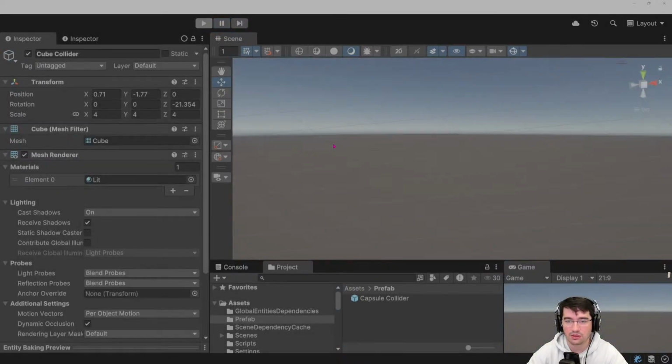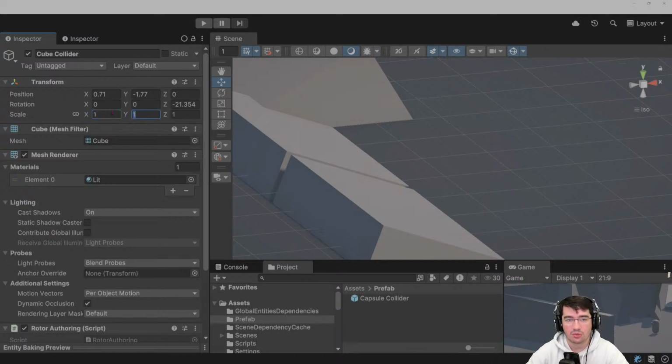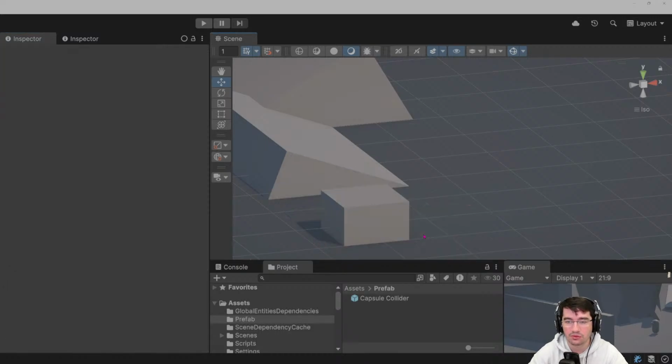So let's actually take this one by one, 0 rotation. 0, 0, remove that.